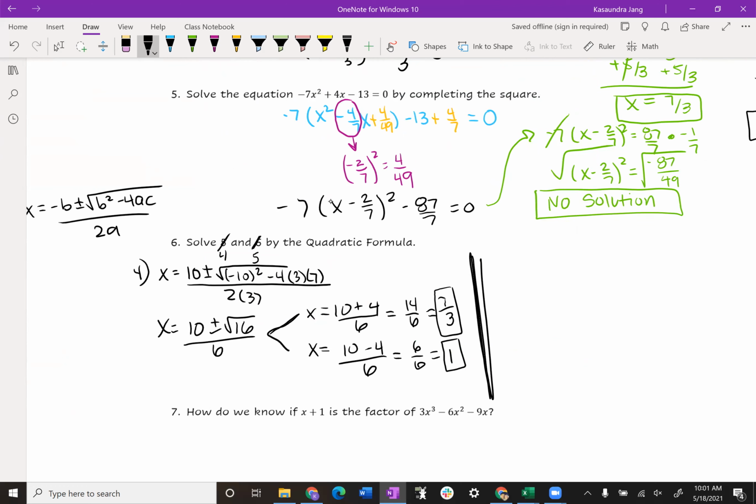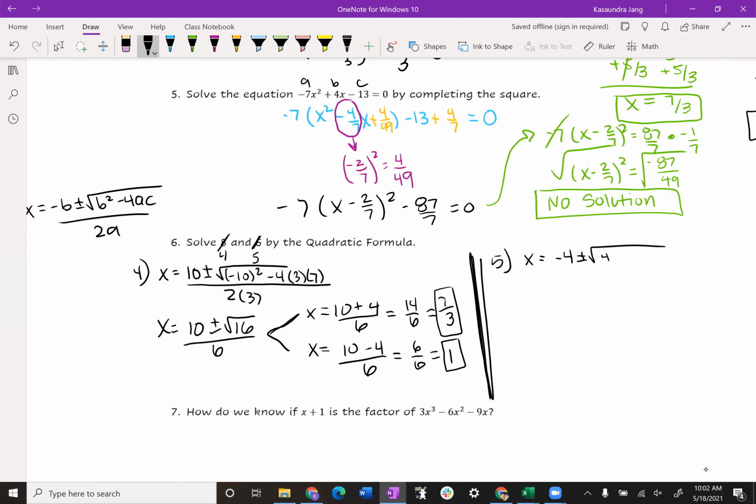5 here. So for number 5, I'm going to do my quadratic formula still. The a is in front of the x squared, b is in front of the plain x, and c is in front of the constant there. So let's see, I've got the same formula, x equals negative b, which my b is a 4. So negative 4 plus or minus the square root of b squared.